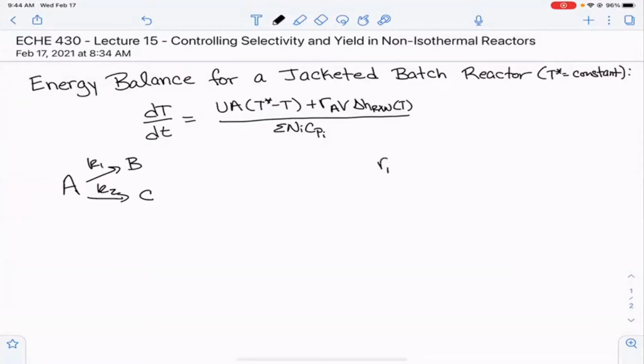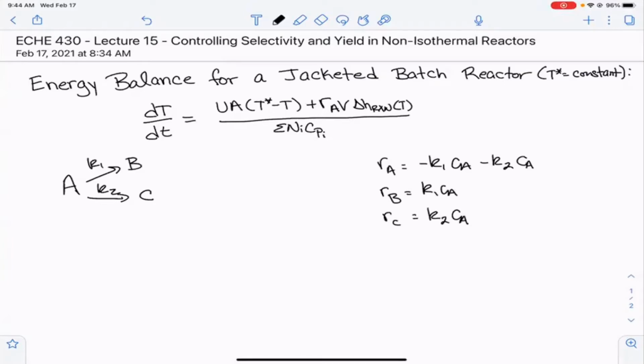And of course, rA is equal to just minus k1 times CA minus k2 times CA. And rB, since B only participates in the first reaction, is k1 times CA, and rC would then be k2 times CA because it only participates in the second reaction.